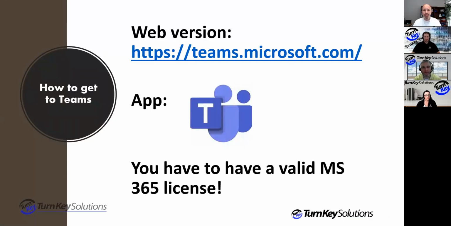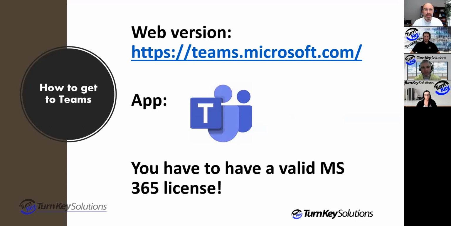And kind of backing up just real quick, if you want to look and see if you have Teams and you can get to it, what I would recommend is look for this icon somewhere on your program stack, your start menu. Look for that, or if you want to start with the web version, go to teams.microsoft.com.